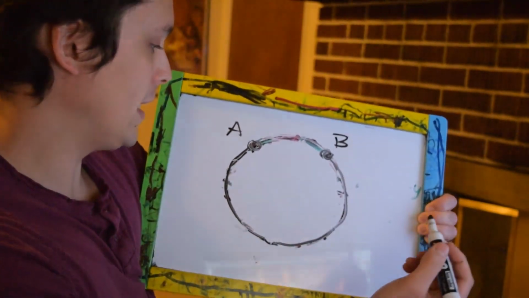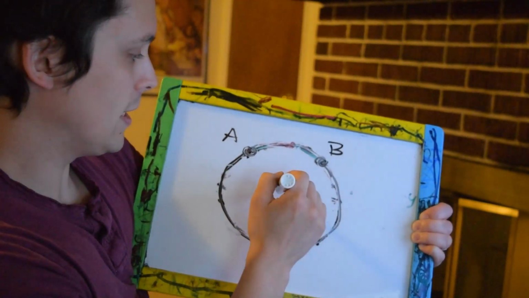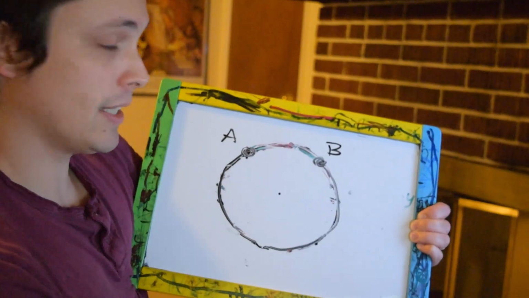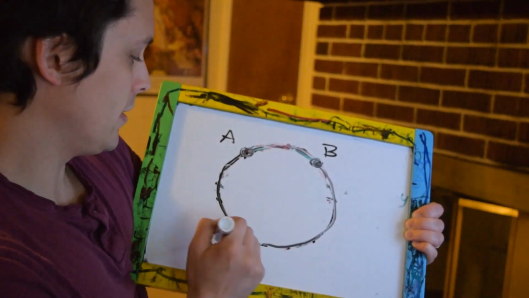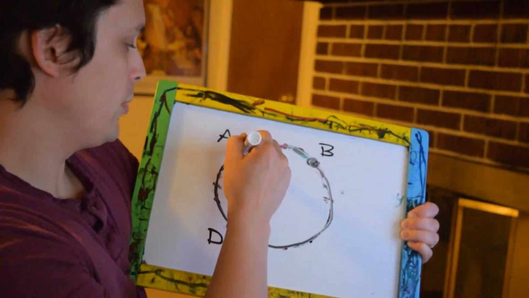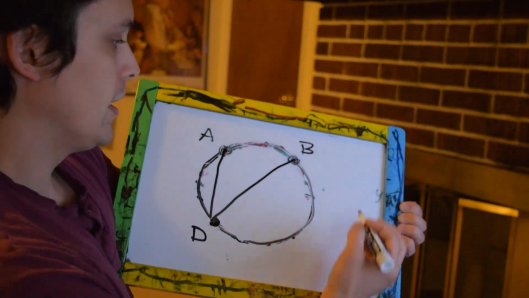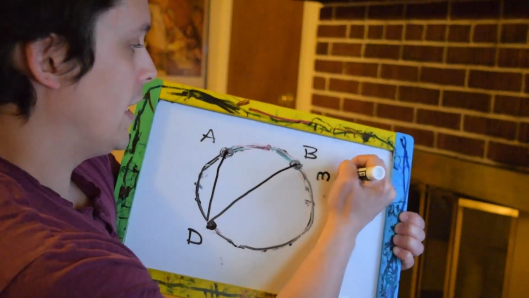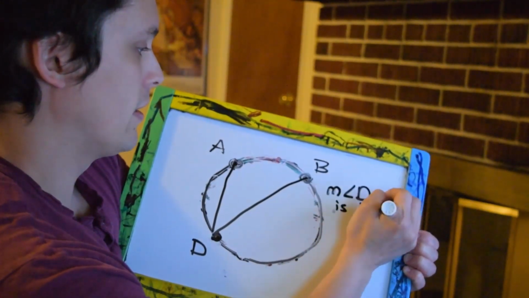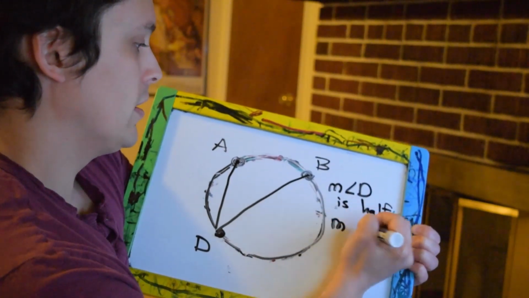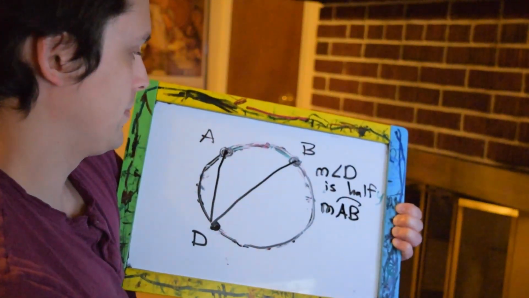We call them A and B. There's an arc measure that goes between them. It's the same as the angle that you get when you connect it to the center. And if we pick another point on the circle and we connect these to it, what we proved is that the measure of angle D is half the measure of the arc AB.